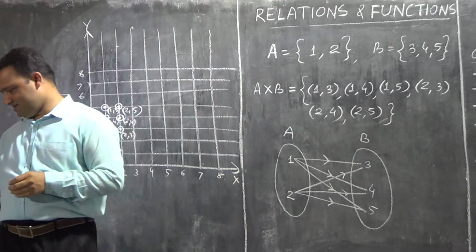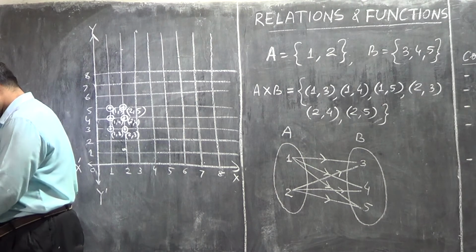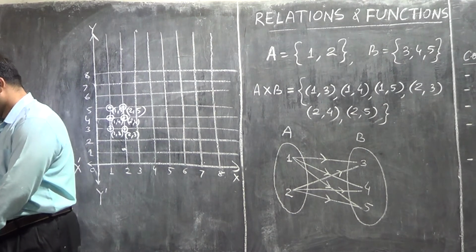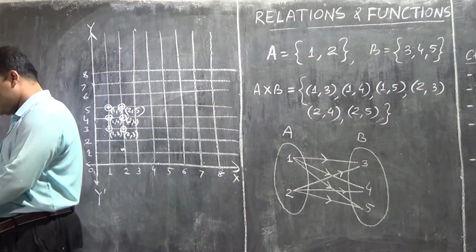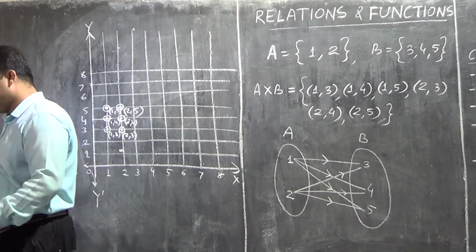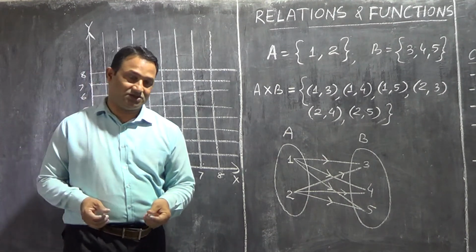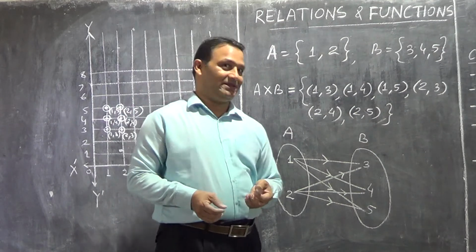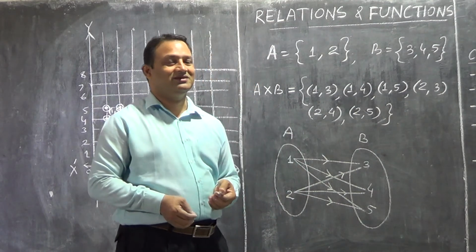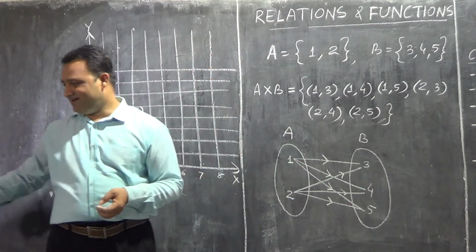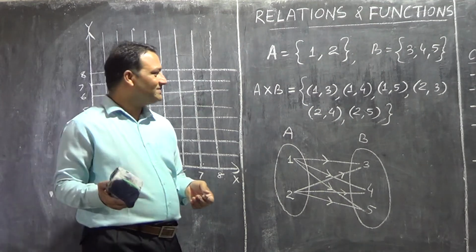So there are three different ways. You can even represent a Cartesian product by set builder method, as we had taken in our example.